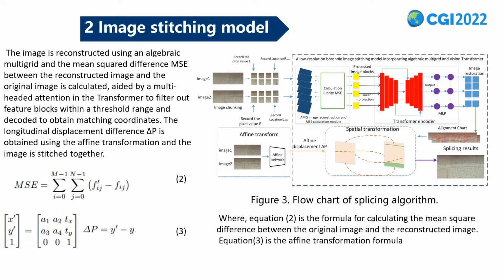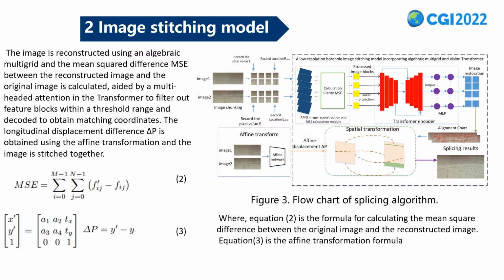In the second step, the flattened image blocks after segmentation and position encoding are fed into the image stitching model we have designed, and the image is reconstructed using an algebraic multigrid, and the mean squared error MSE between the reconstructed image and the original image is calculated.